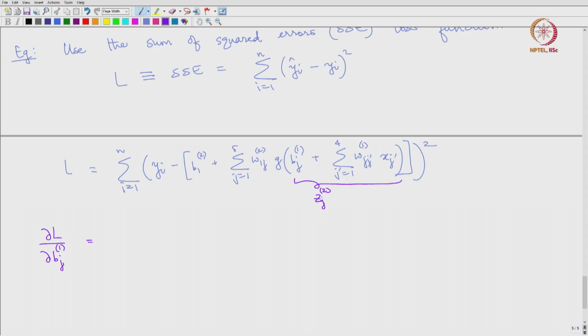Okay. So, this can be computed as the sum over i going from 1 to n. You know that differentiation can be taken inside the summation. So, the summation will come out, and then you have to basically differentiate this whole big expression, which is the sum over i going from 1 to n of (y_i minus f of x_i vector) whole square.